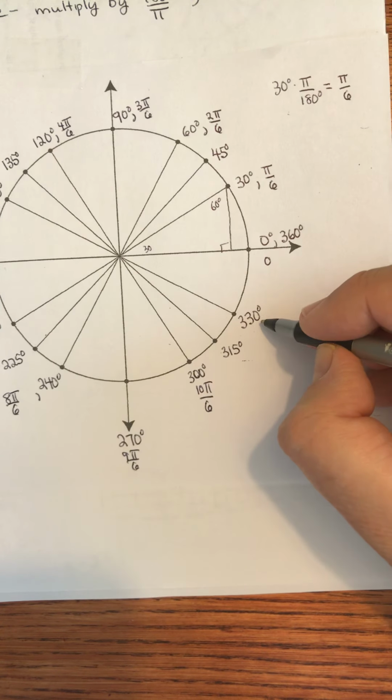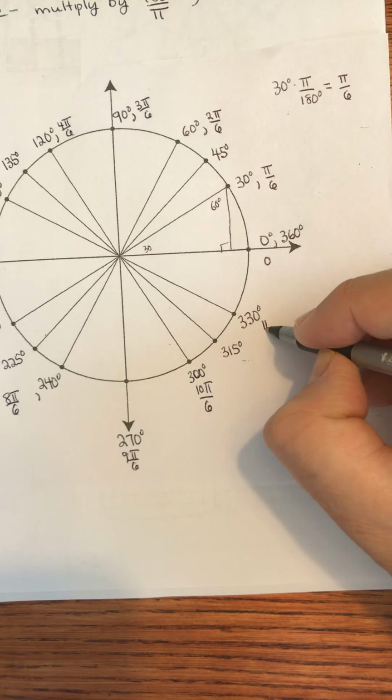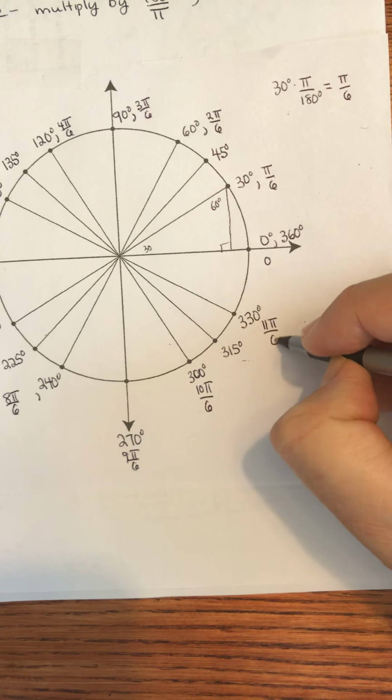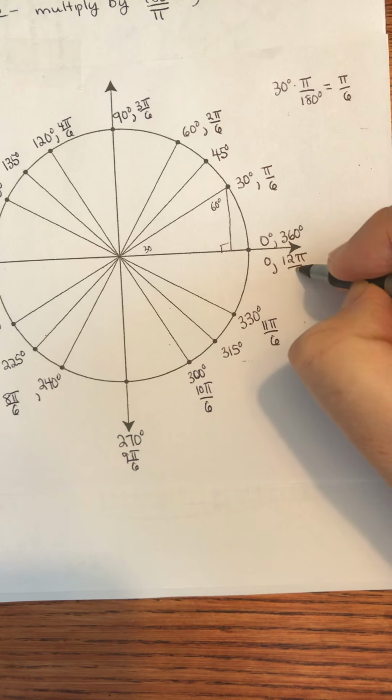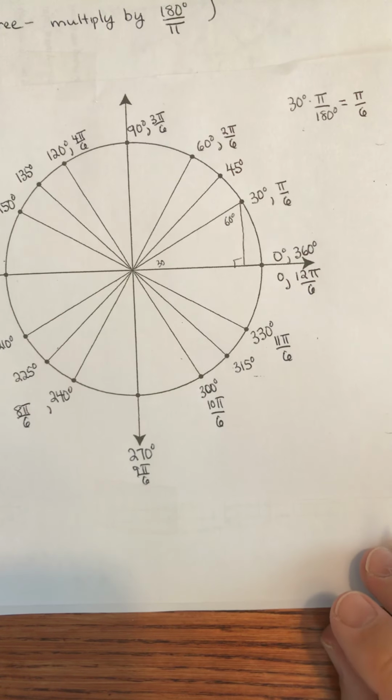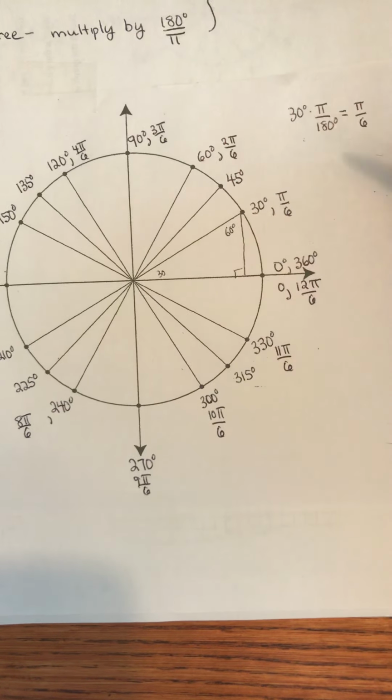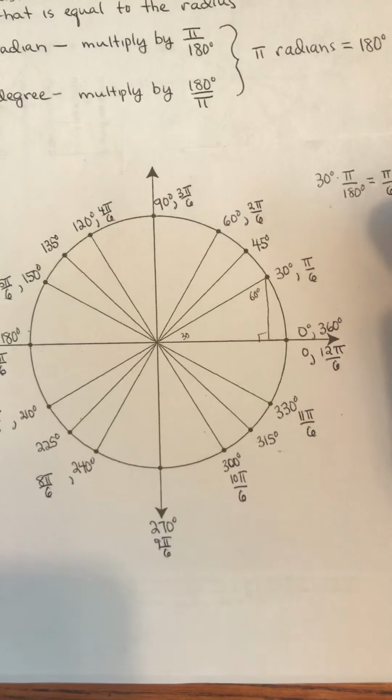And then this other one here is a multiple of 30, so 11 pi over 6. And then the last one, 12 pi over 6. Just all multiples of 30 degrees or pi over 6. Now let's just go back and reduce those.